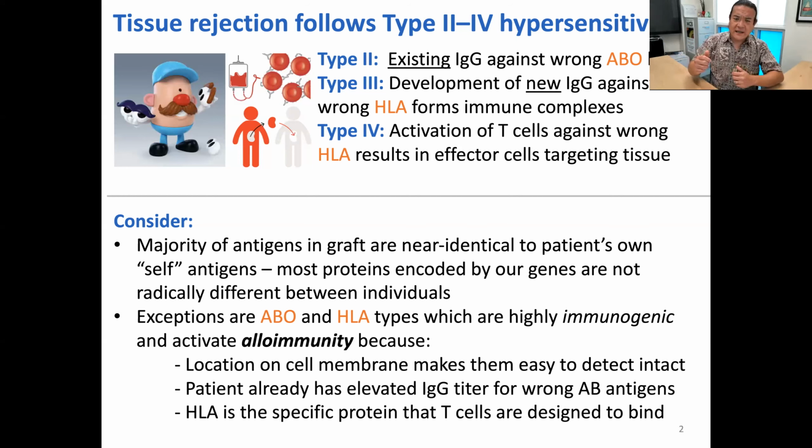Consider in the case of things like ABO blood types or Rh plus minus blood types, patients already have elevated IgG titers for things like the wrong AB blood type, right? Again, we discussed this. It's because those ABO antigens are glycolipids that resemble in many ways the lipopolysaccharides that we find on the surfaces of bacteria.